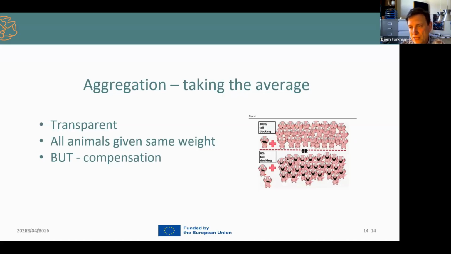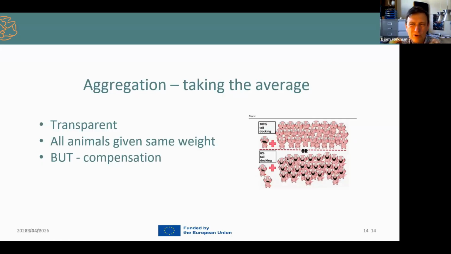And the problem is one of compensation. So if you look at the examples here, because this goes back to what I said before. Now, this is just for one indicator, tail docking and tail biting. Let's say that you take something else. Let's say that you have a lot of straw in your pens. So you get a very high welfare score for straw.